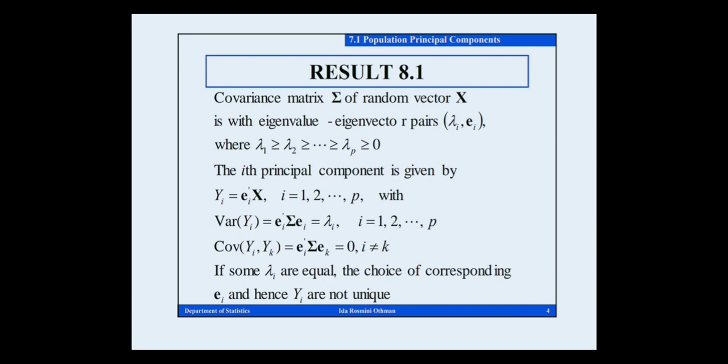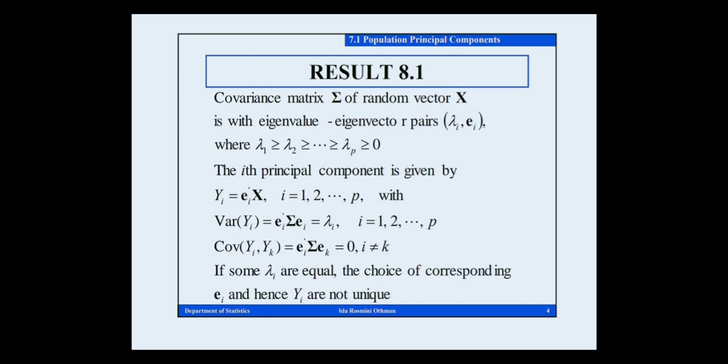If we have matrix A or the variance covariance matrix, using the formula, what is the formula, the absolute value of A minus lambda I equal to 0, you will get the value of lambda i.